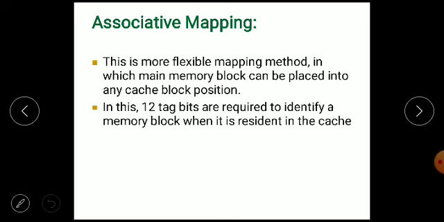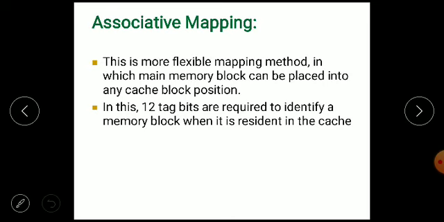In the earlier method there is a restriction that a block from the main memory should be placed in one particular block in the cache memory. But in fully associative mapping there are no restrictions. Any block from the main memory can be placed into any block position in the cache memory. So that is fully associative mapping.